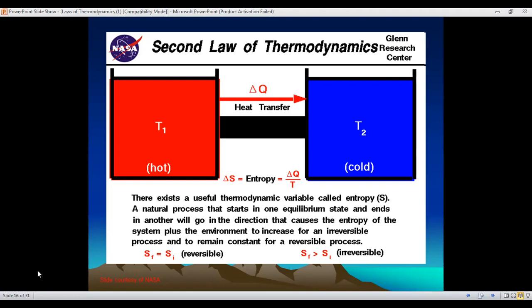For an example of a reversible process, ice converted to water and water converted back to ice.